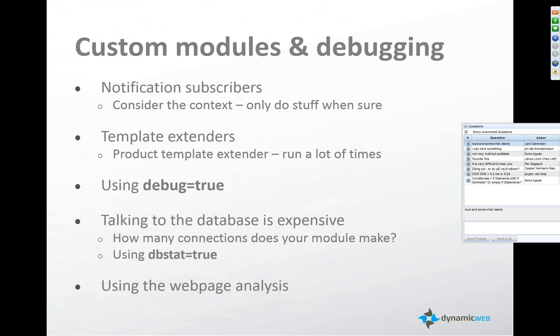A lot of the time we see implementations of product templates that only need to render stuff on the actual product detail, but this template extender is also called when you're creating a list of products in search results and stuff like that. It is a good idea to check in your code: are we in the context of the product list or the product detail, and do we need the data at all? Do we need to execute any code?